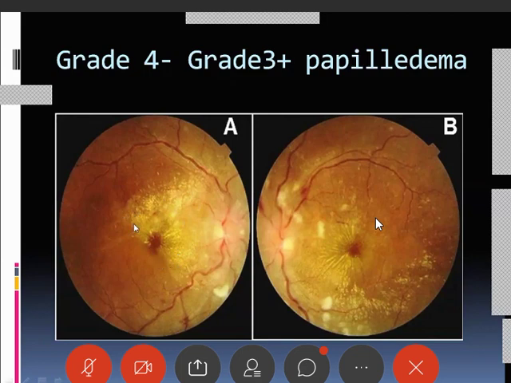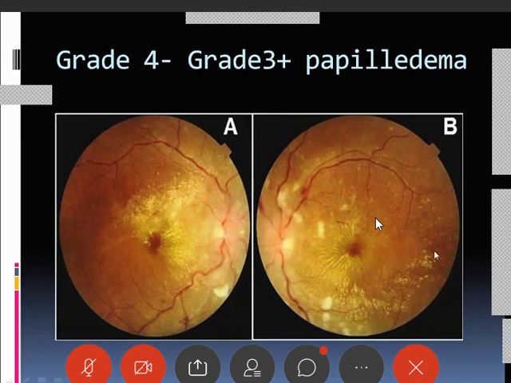If it is an incomplete circle, here there are no hard exudates, so it is known as macular fan. If it is a complete circle, and the hard exudates are present even here, then it is a macular star.